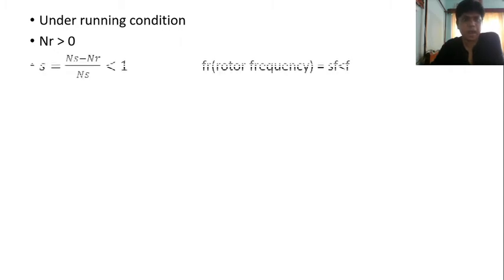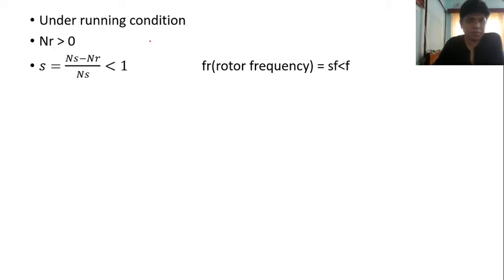Now let us talk about the running conditions of an induction motor. Running condition means the rotor rotates at some RPM, that means the induction motor is in running condition. So in running condition, the rotor speed is greater than 0. And what about the slip?